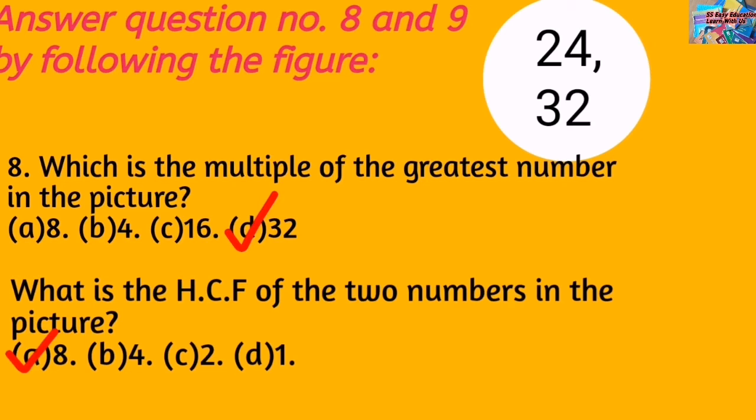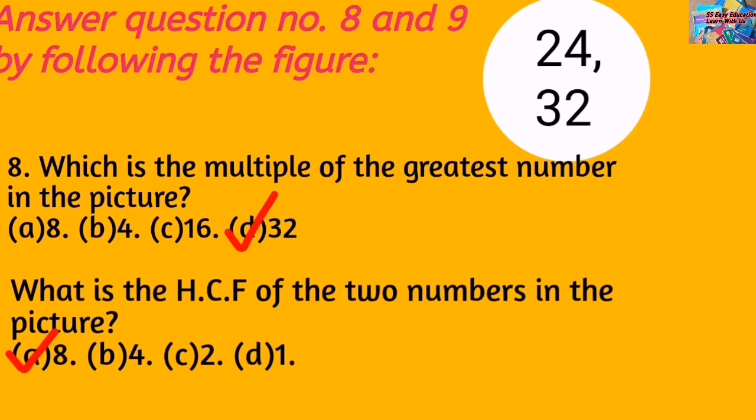It is said, what is the HCF of the two numbers in the picture? The HCF of 24 and 32 is 8. I don't need to do the rough because I'm sure that it is 8. But if you need to do the rough, you can do it. Let me show you why I said 8.